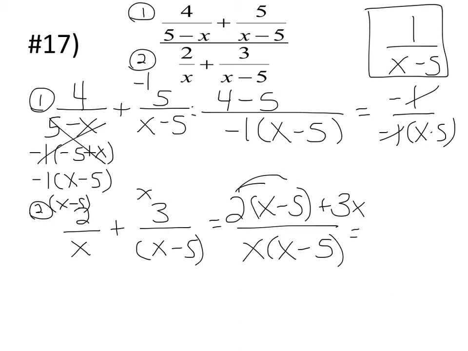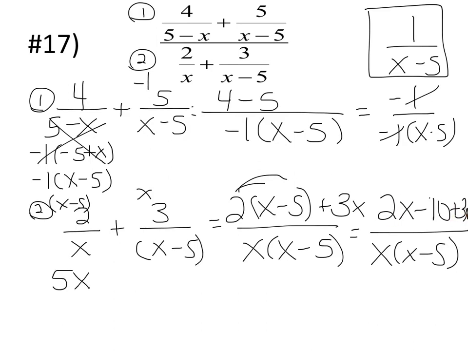Distribute your 2. You get 2x minus 10 plus 3x over x times x minus 5. Combine your like terms. 2x plus 3x is 5x minus 10 over x times x minus 5.